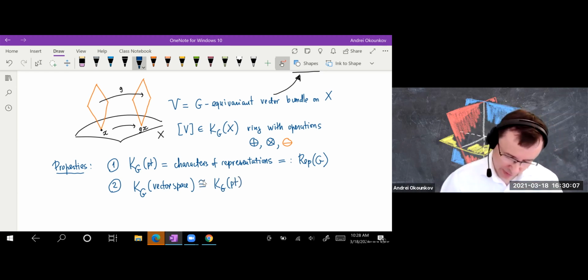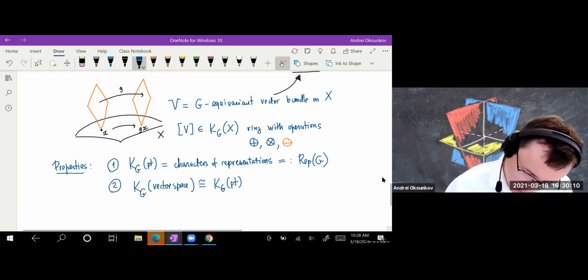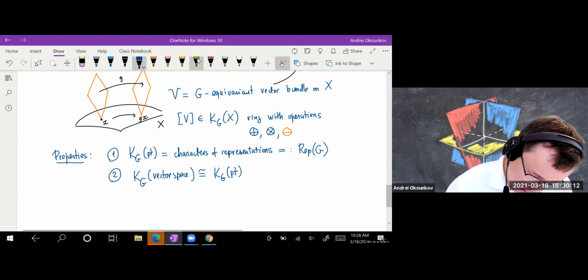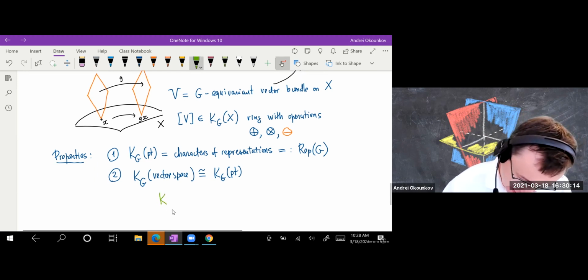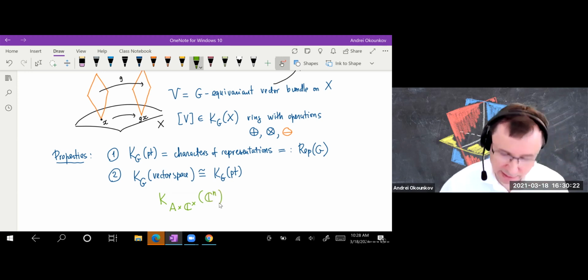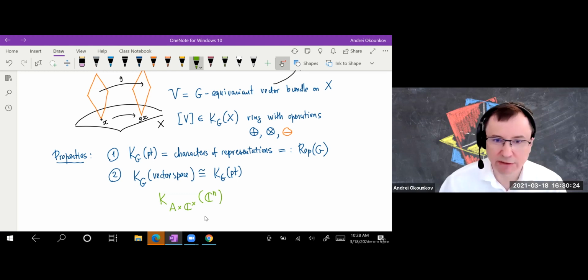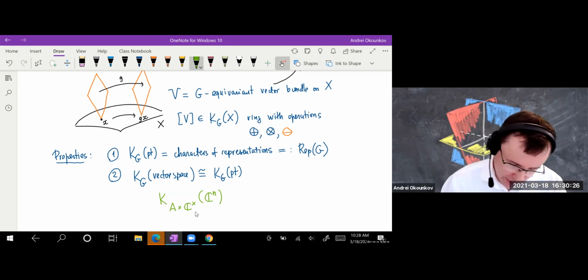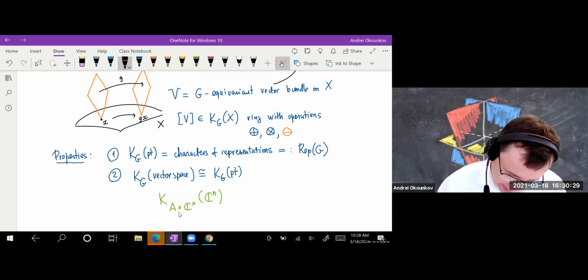So in particular, in this example, if I consider this K-theory with the torus A cross C star acting on the vector space Cn, well, that's a vector space, and so I get just the representation ring of these groups, and so this is just tori.